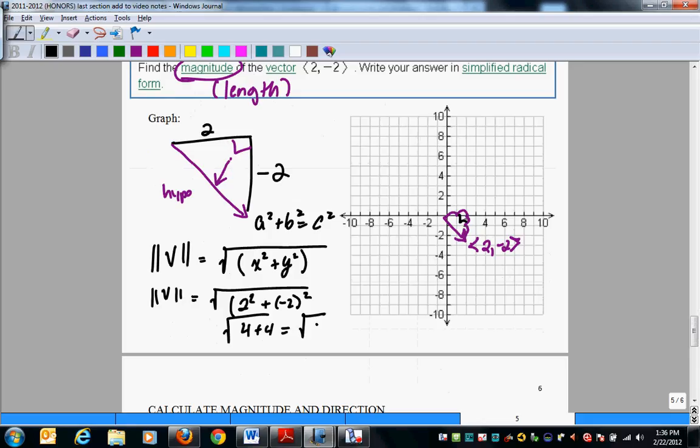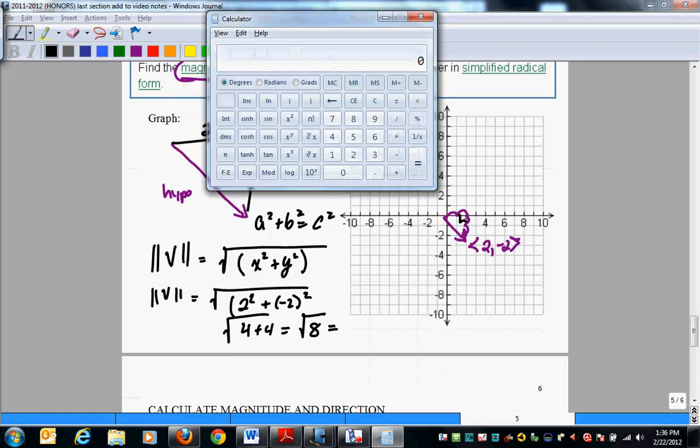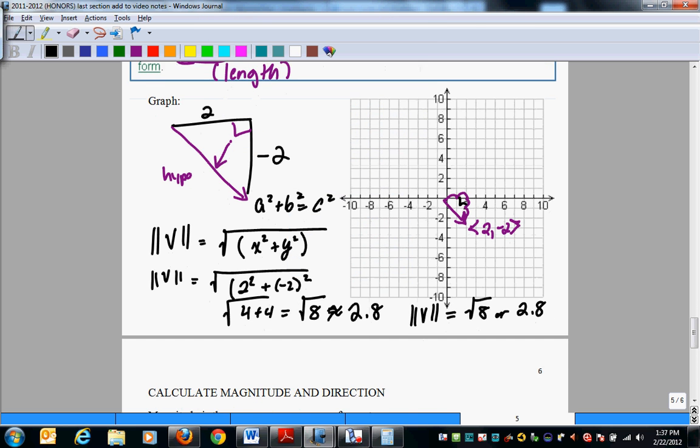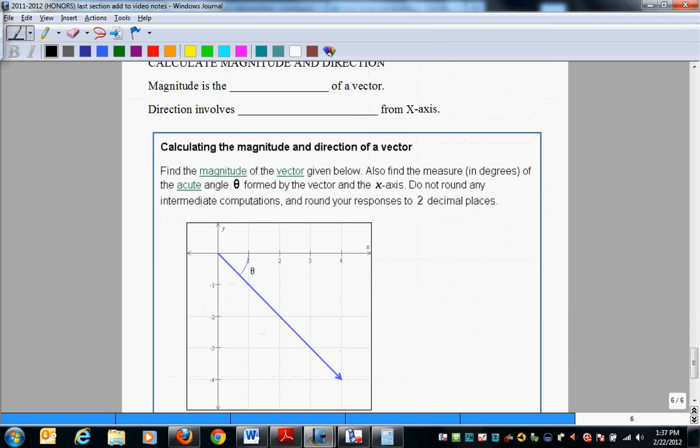Our resultant for the magnitude is square root of 8, which is approximately 2.8. So the magnitude of our vector in this case is the square root of 8, or 2.8. That's magnitude of a vector. So magnitude is the length of a vector.